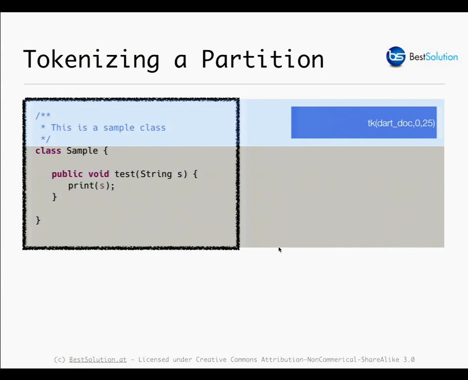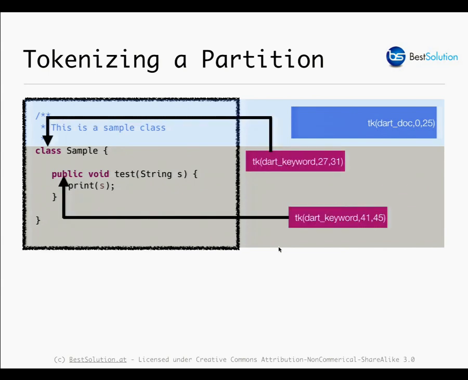But when we look at our default area, we find out that we have a token that starts at character position 27 and goes until character position 31, which is the class keyword. The same is true for public, for example, another token.